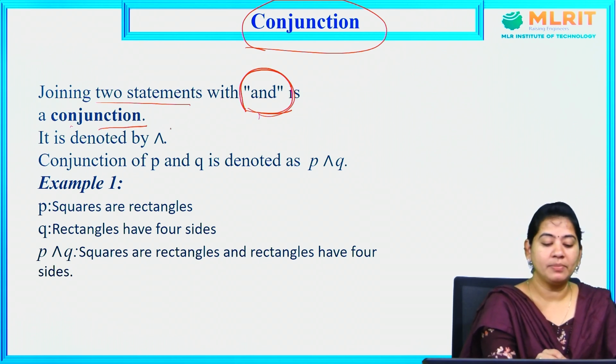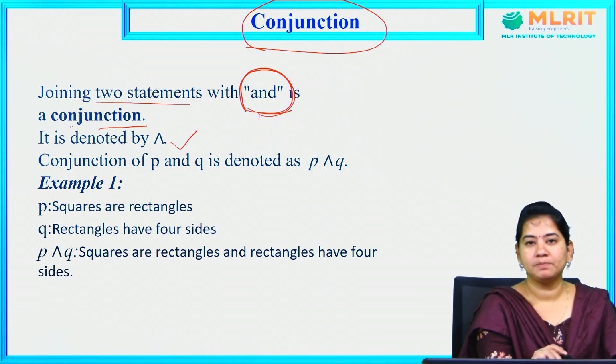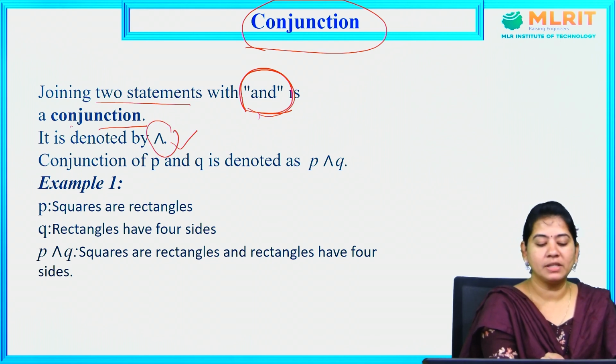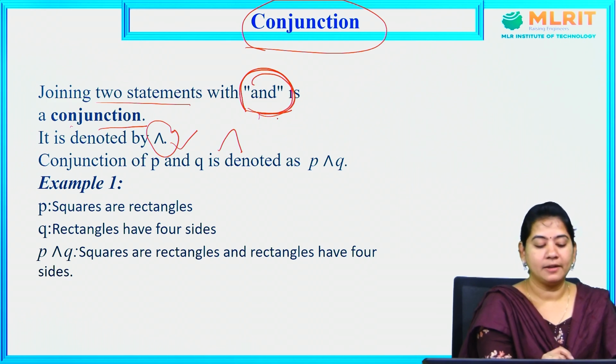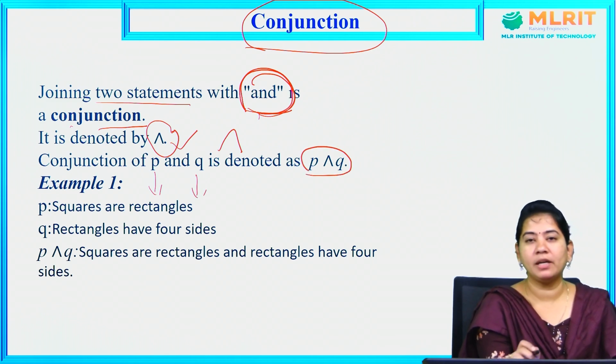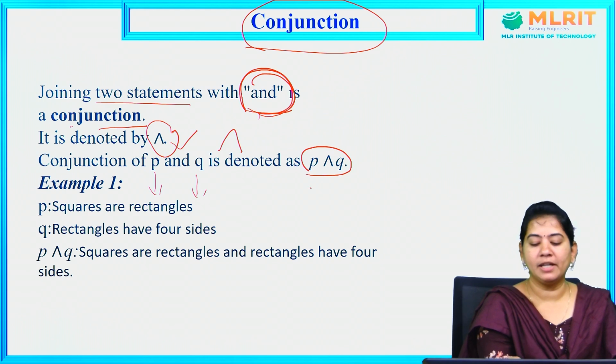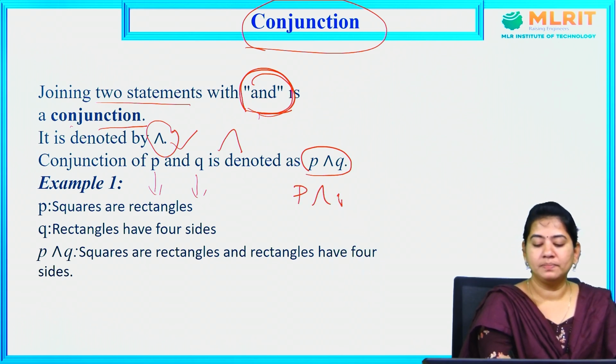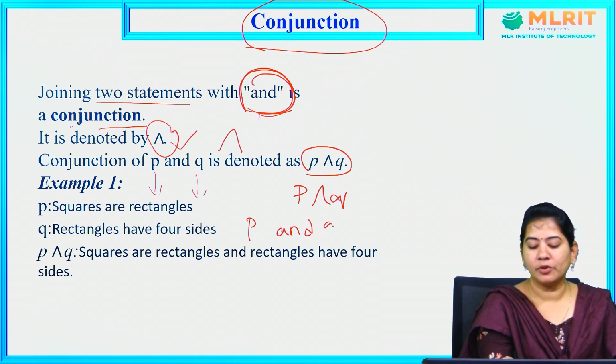It is denoted by the symbol for "and", which we represent symbolically as a reverse V. Suppose we have a P statement and a Q statement. The conjunction of P and Q is denoted by P and Q. Symbolically we write P ∧ Q, or in words we can write P and Q.